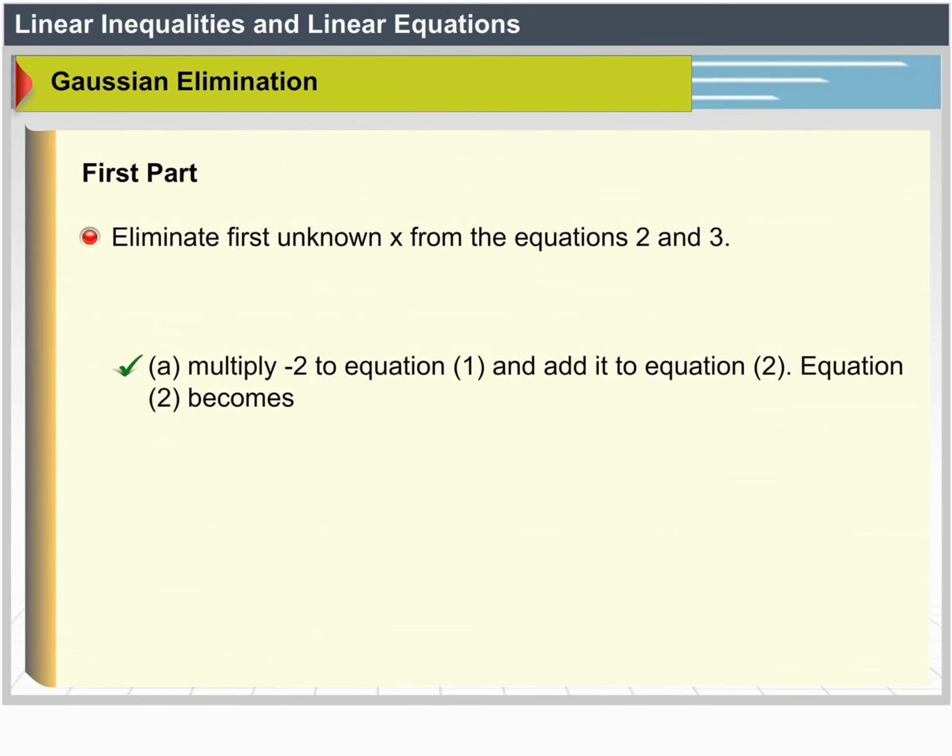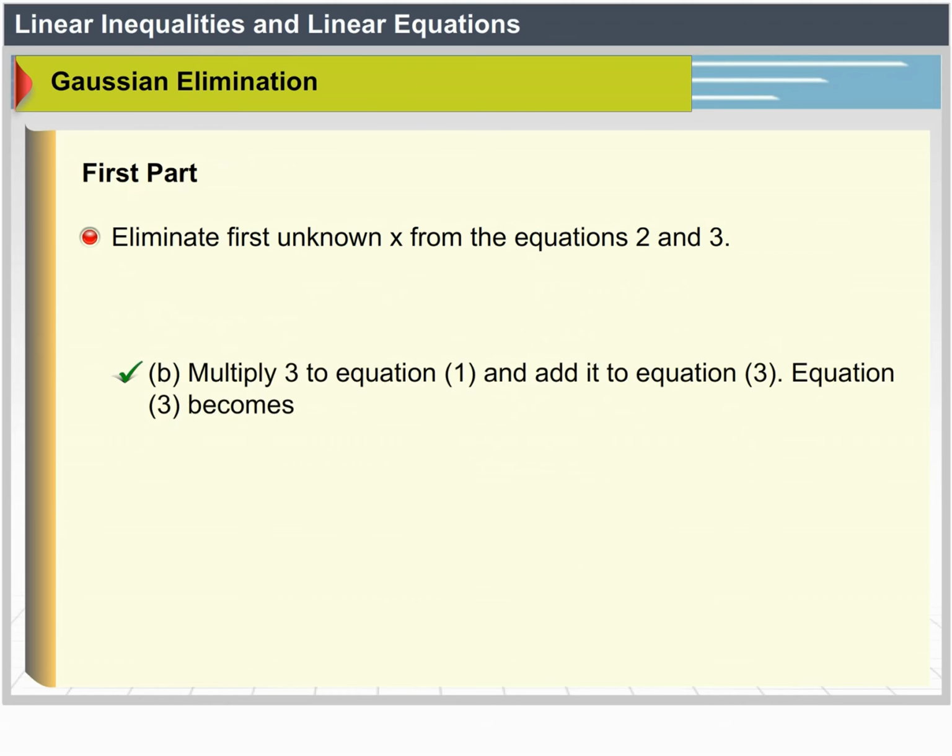A. Multiply minus 2 to equation 1 and add it to equation 2. Equation 2 becomes 2y plus 6z equal to 6. B. Multiply 3 to equation 1 and add it to equation 3. Equation 3 becomes minus y plus 3z equal to 9.